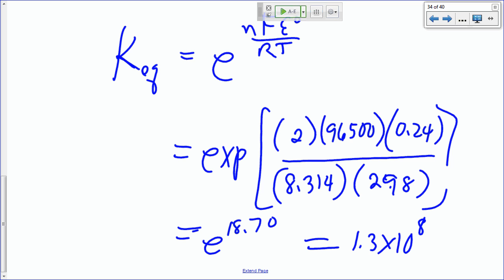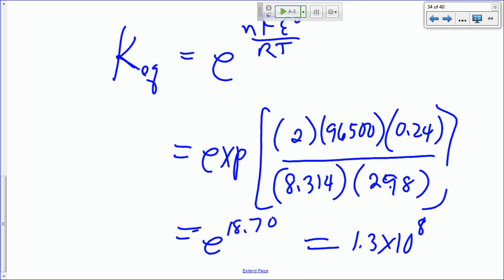Now, is that a large or a small equilibrium constant? Large K_eq. That means products are favored at equilibrium. This is a reaction that you'd expect to go almost all the way to completion. So a positive cell potential means it will go far towards the product side. In fact, you can relate that to delta G naught.